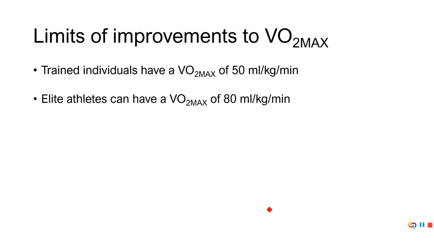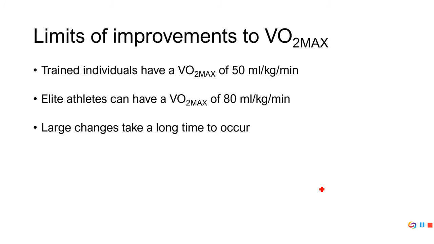But go from trained to elite, that's a 60% difference. Okay, that is a massive amount. And so to get from 50 to 80 would take a lot of time, a lot of training, and a lot of good genetics. But that's kind of how it is with anything, right?